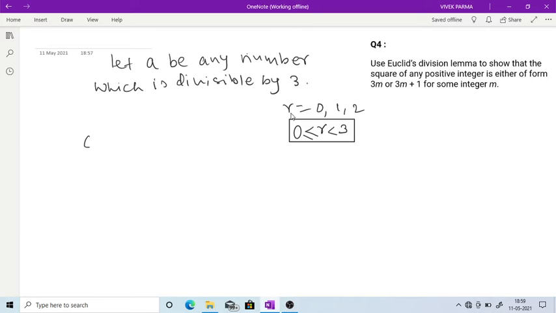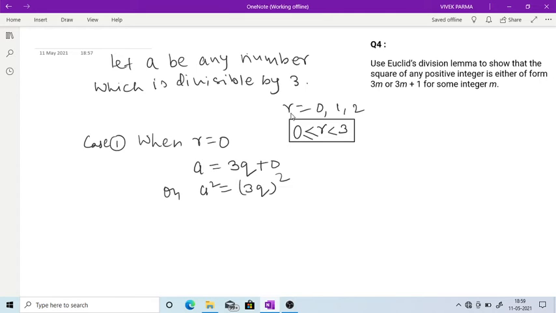So for case 1, when the remainder equals 0, we have a equals 3q plus 0. On squaring both sides, we have a square equals 9q square.